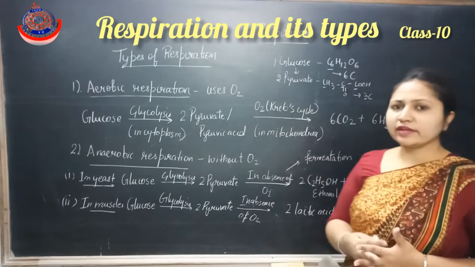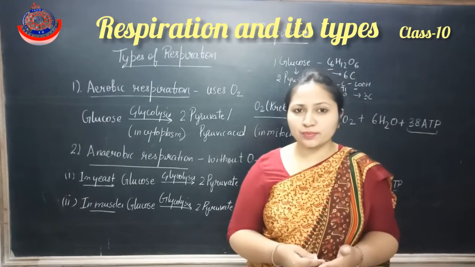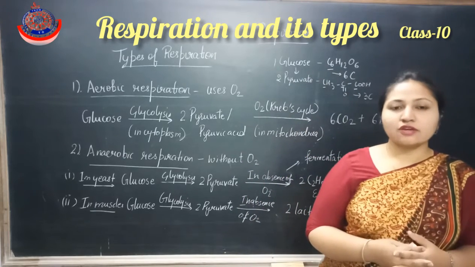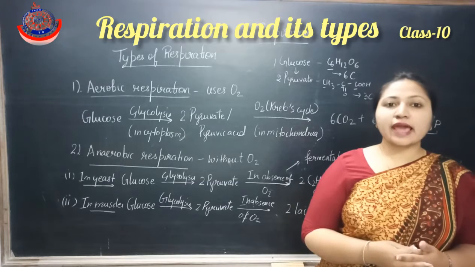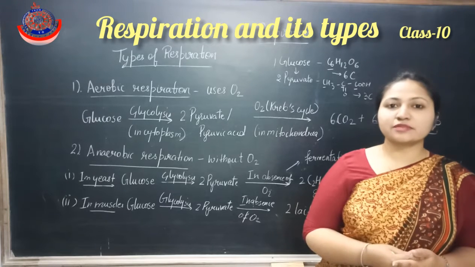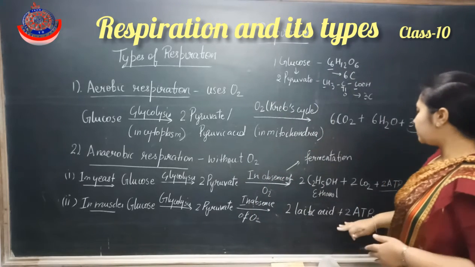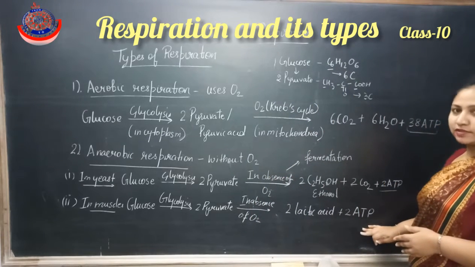As you know, when lactic acid accumulates in our muscles, cramps occur. So cramps occur because of the accumulation of the lactic acid produced during anaerobic respiration, plus 2 ATP molecules.